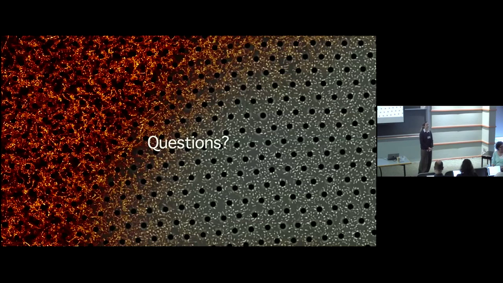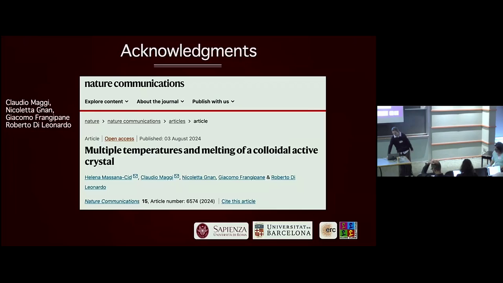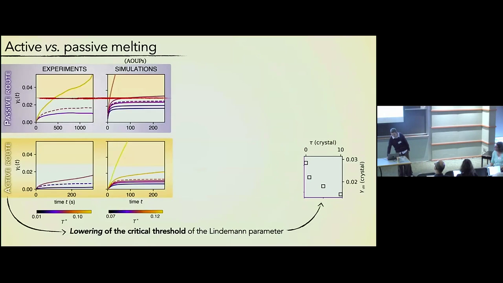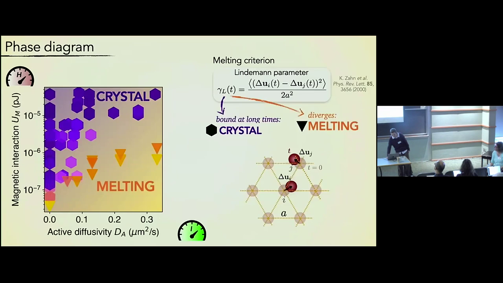Very cool talk. It's a clarification, and I'm sorry if I missed this: you showed that equipartition is violated, and you have these active temperatures that depend on the wavelength. Yeah. So these active temperatures decrease as the wave number increases. It's in reciprocal space, so it's the opposite.